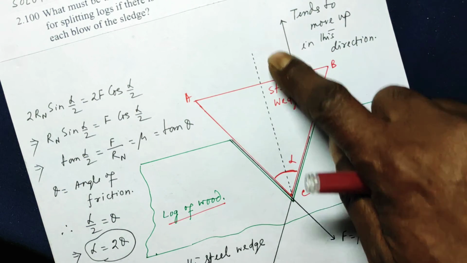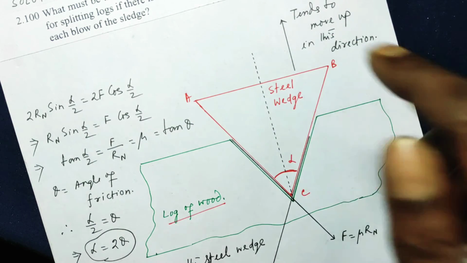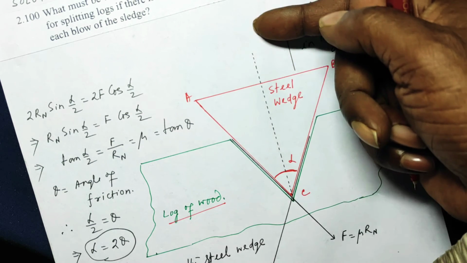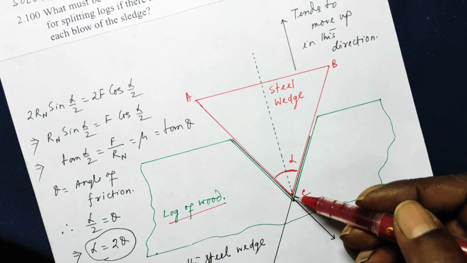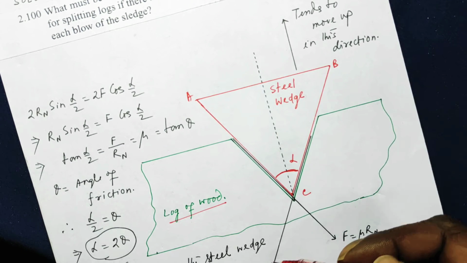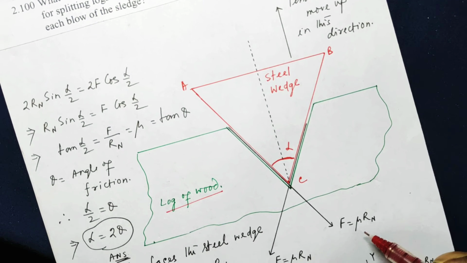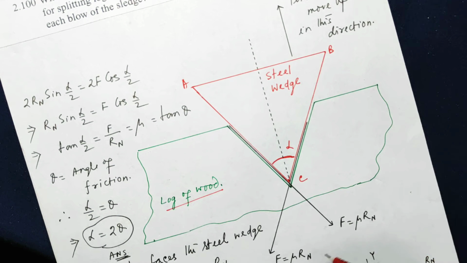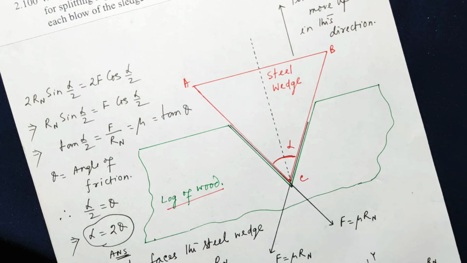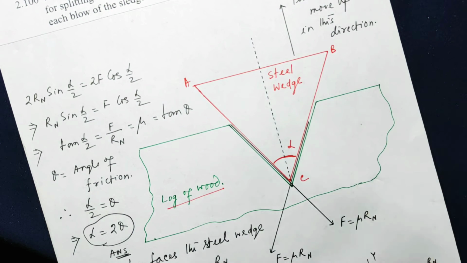Now, after hammering, when the steel wedge is trying to move up on side BC, the force of friction will be to this side along the surface of contact, and on the side AC, the force of friction, which is equal to mu times the normal reaction, here also mu times the normal reaction, where mu is the coefficient of friction, on the side AC it will be to this side.